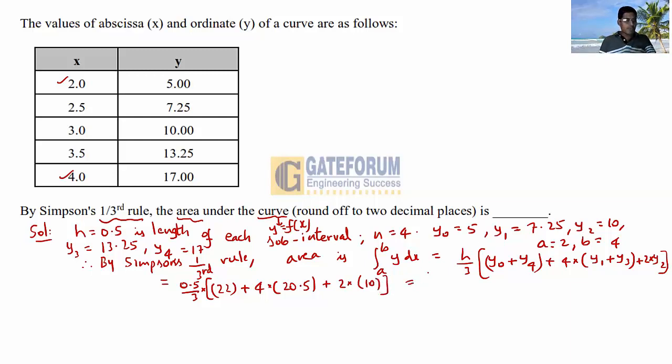This simplifies to 22 plus 82 plus 20, which is 124 by 6, approximately 20.667. Because 2 decimal places are asked, you get 20.666 recurring, so I can say 20.67. So the answer is 20.67. That is the area. This is the end of the question.